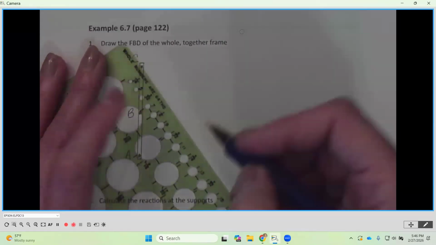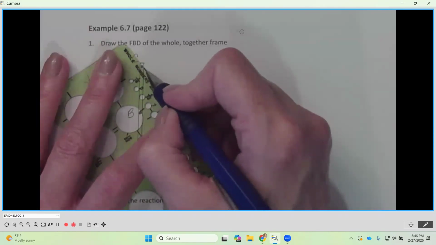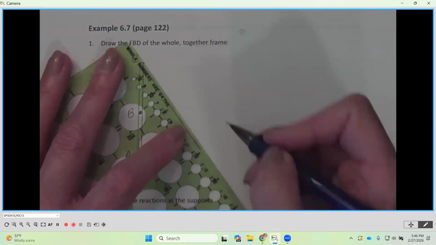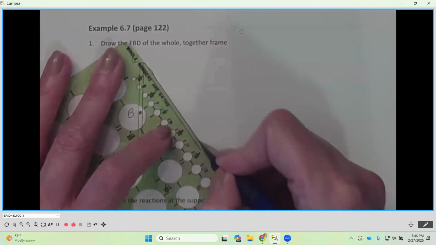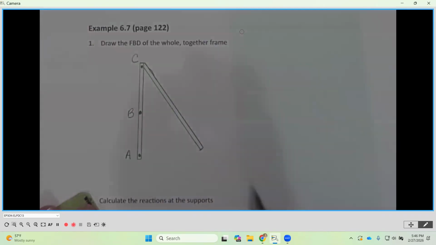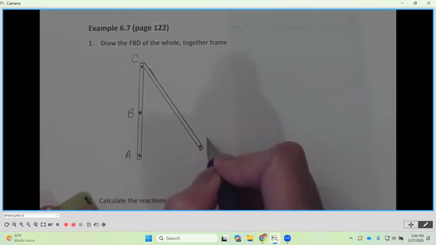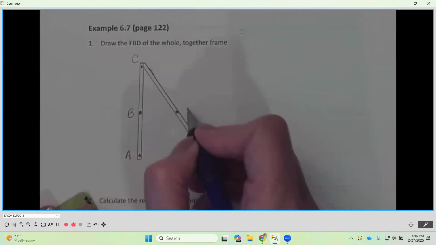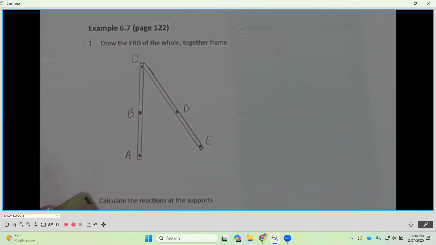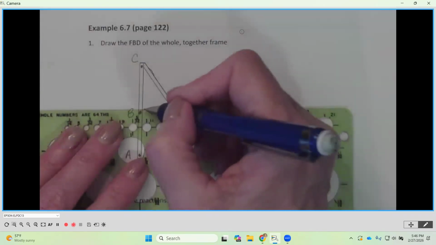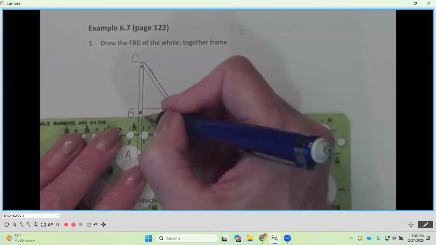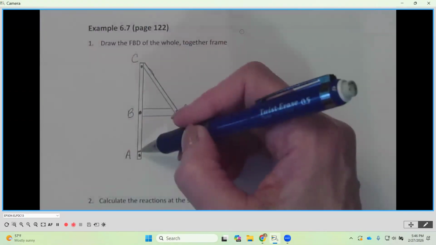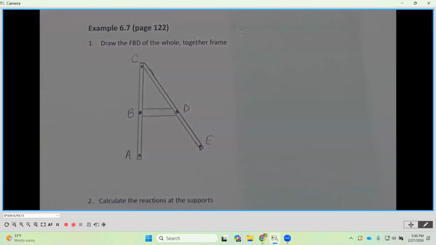And then I'm going to do the same thing with that member C, D, and E. C, D, and E is going to be a little bit higher than A. So this is going to be point E. And then D is going to be straight across. And then C connects. And then we're just going to show member B to D here. And again, I do want to show the thickness here so that we can see that this is a continuous member, this is a continuous member, and we have the member in between.